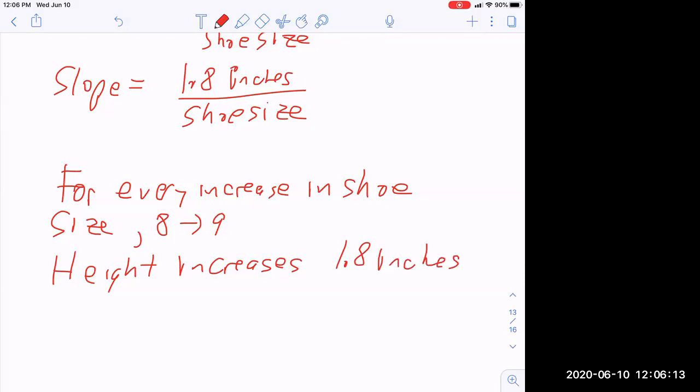That's my positive correlation. As shoe size increases, the height is increasing.